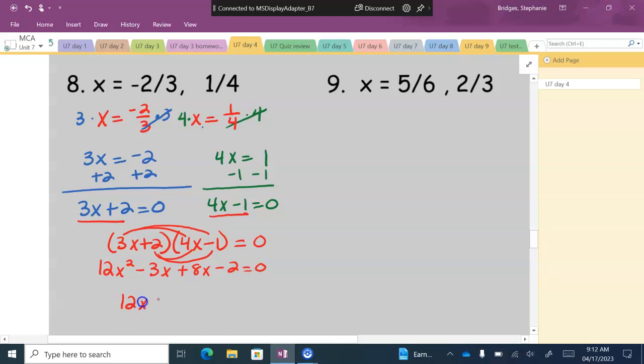So completely multiplied out, terms combined. Did we all get 12x squared plus 5x minus 2 equals 0?